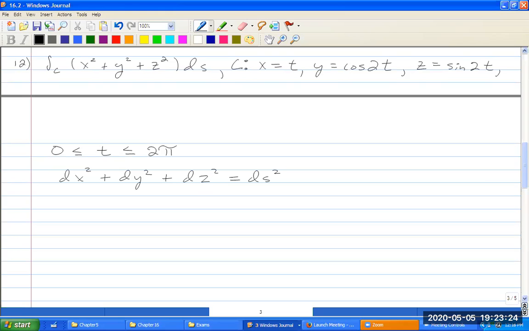So let's figure out, well, dx is just dt. dy is equal to, well, the derivative of cosine is minus sine 2t times the derivative of 2t, which is a 2 dt, and dz is equal to derivative of sine is cosine 2t times derivative of 2t, which is 2 dt.